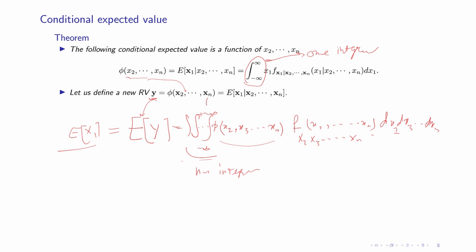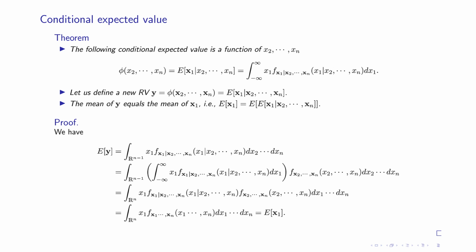This one is just an integral over the distribution of x1, or an integral over the joint distribution. So this is going to be equal to an n-fold integral over x1 and the joint distribution of x1, x2, and so on. So the two sides are equal. In other words, this is the conditional mean and this is another mean.